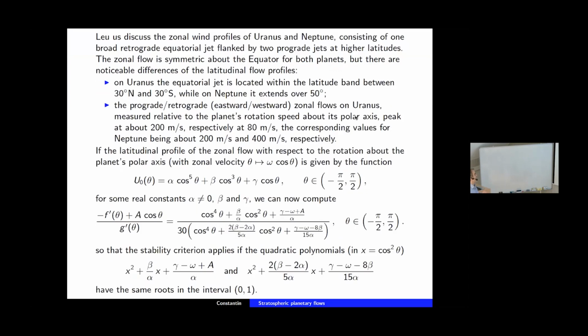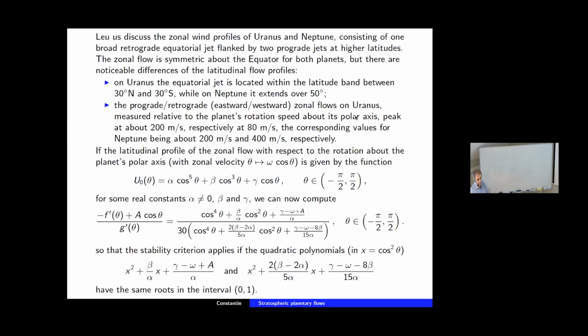Basically, this is a prototype for the flow. What we get when we compute this for this flow is this expression, a polynomial of degree 2 in cosine squared.